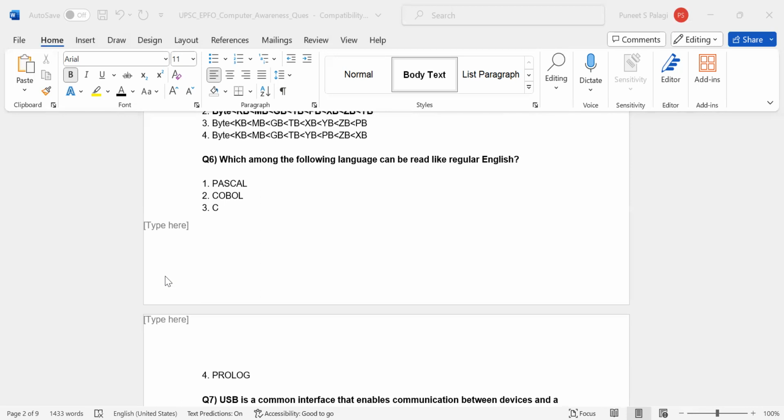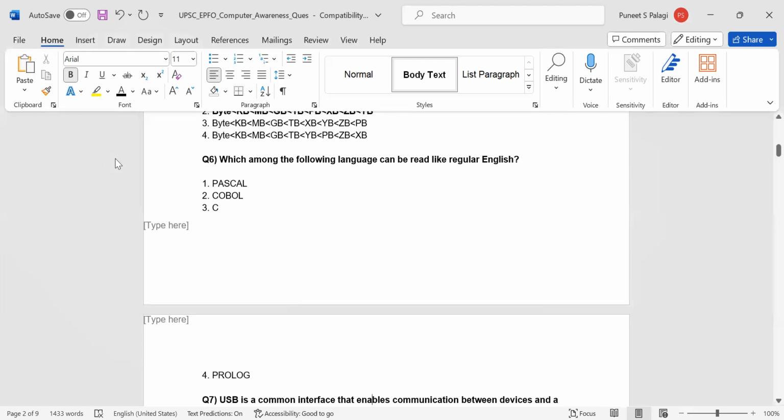It asks which of the following languages can be read like regular English. Okay. So the answer for this is COBOL.